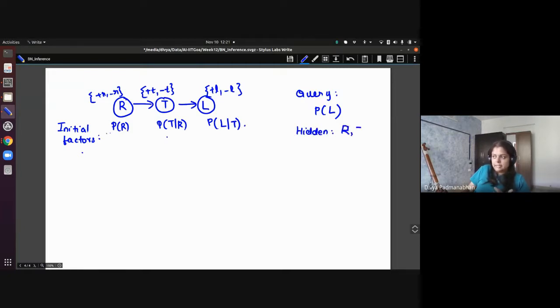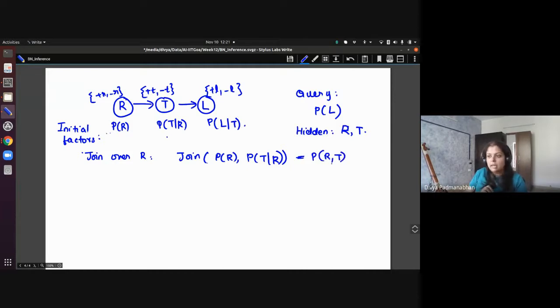So what you can do first is do a join of the tables which have R. So join over R. This means it's a join of P of R and P of T given R. This is all tables which have R, so it's going to give you P of RT. Okay, and now what can you do here?